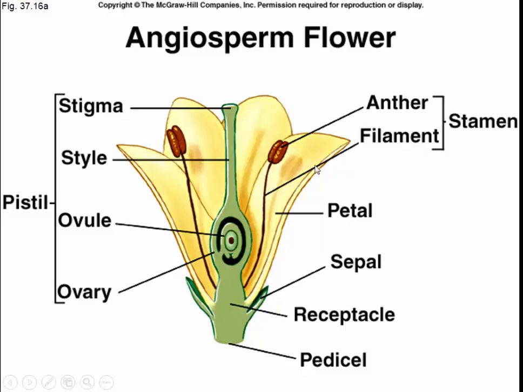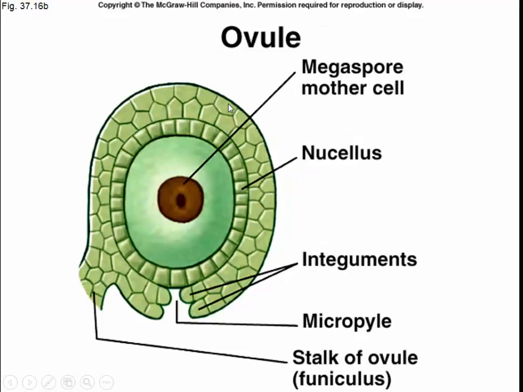Here we see a close-up of the angiosperm flower, which has sepals that are usually green and protective, colored petals that attract pollinators, stamens which are made of filament and anther, and the pistil comprised of the ovary with enclosed ovule, style, and stigma, which is where the pollen will be delivered by pollinators.